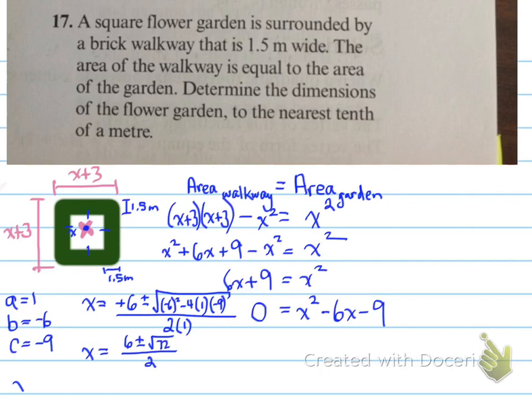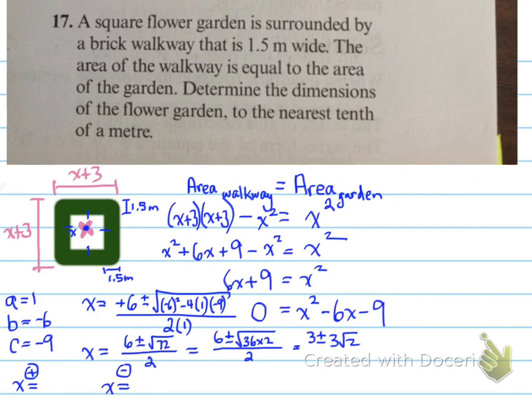As a result, when you simplify that, you get 6 plus or minus the square root of 36 times 2 underneath the root sign, all over 2. And you simplify again. The square root of 36 is 6. That comes outside, and we divide each piece by 2. You will get 3 plus or minus 3 root 2.